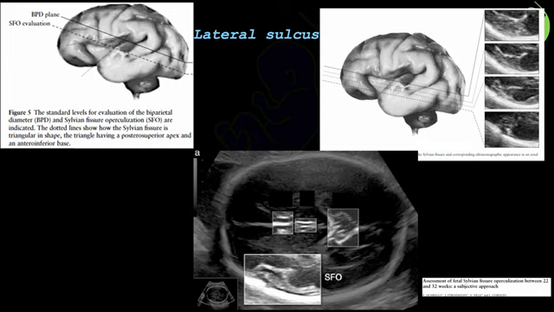As shown in the first diagram, the level for the assessment of SFO is below or inferior to the BPD plane. In this plane, you see the fornix, thalamus and the posterior complex along with the SFO.